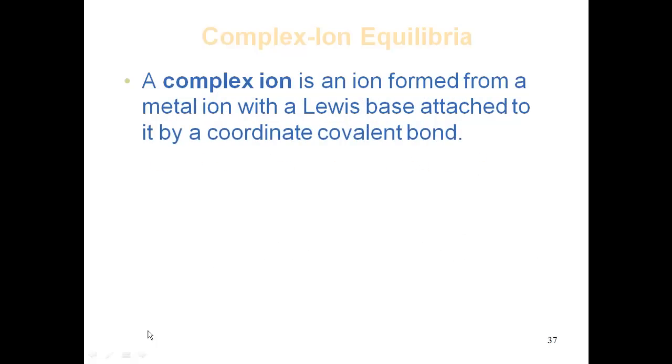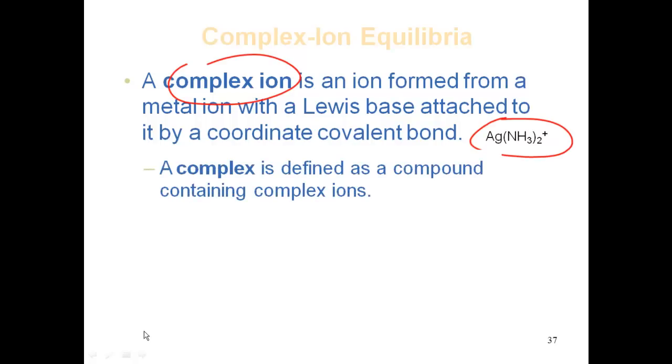A complex ion is an ion formed from a metal ion with a Lewis base attached to it by a coordinated covalent bond. An example would be the one we just did, your diamine silver ion. That's a complex ion. It's a charged particle that has a coordinated covalent bond in it. A complex is defined as a compound containing complex ions.